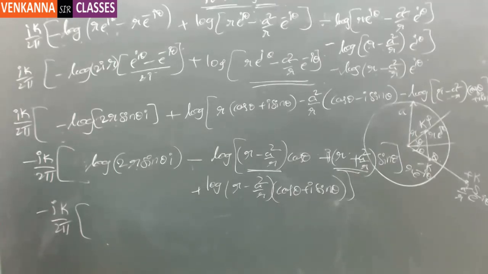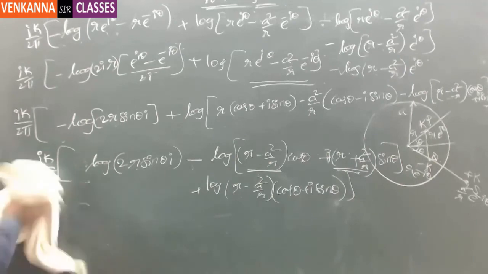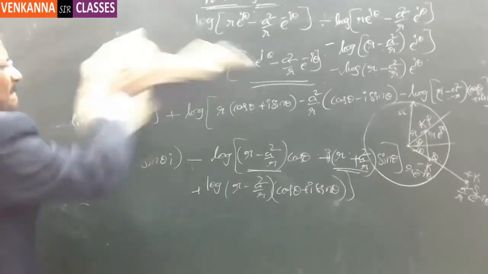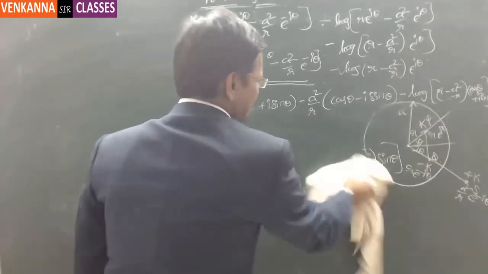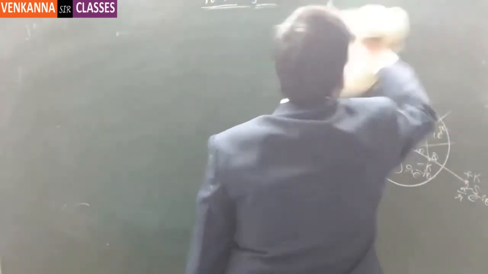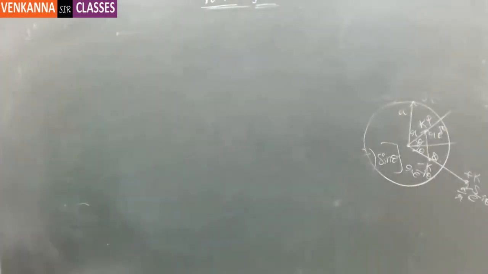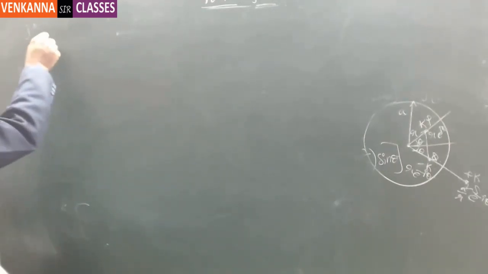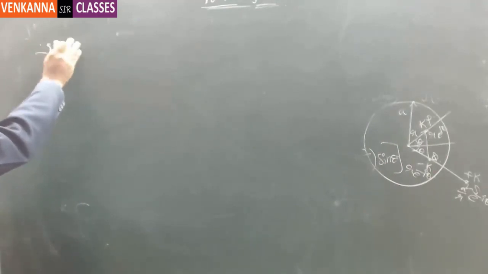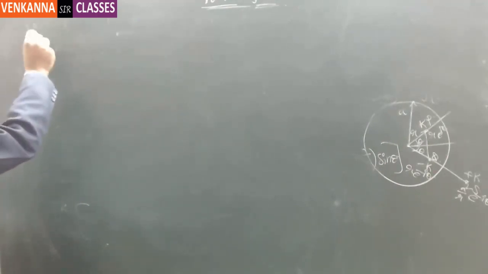Done? Okay. So the simplified form of it is minus ik by, so we will write only the imaginary part.